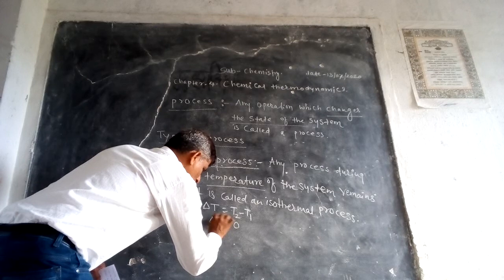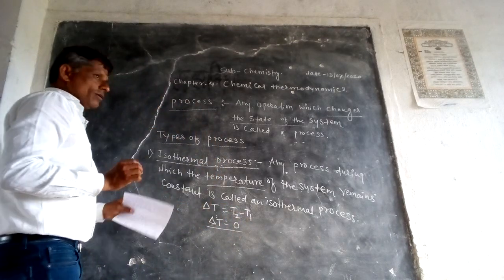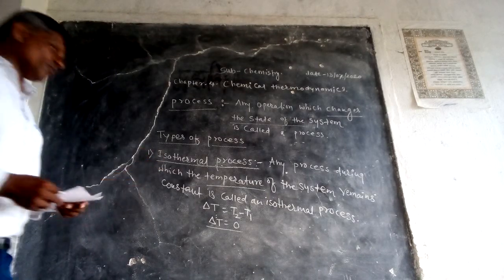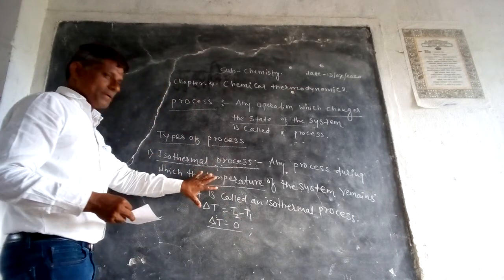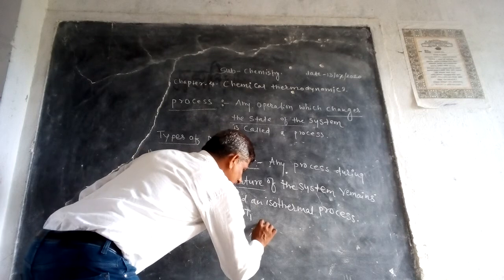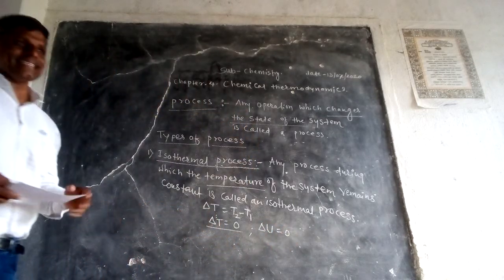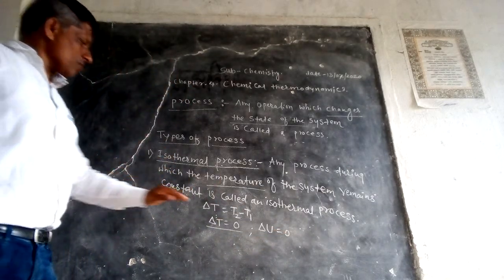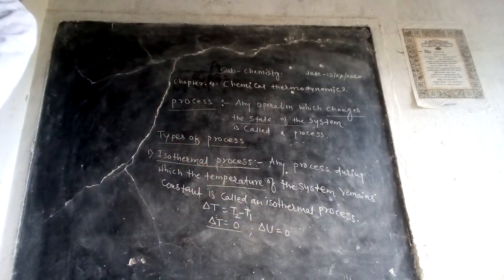So in isothermal process, delta T remains 0, and another property of the system, the internal energy, also depends on the temperature. Here the temperature is not going to change, that means of course internal energy will also not change. That is delta U, the change in internal energy, will also be equal to 0, because the temperature is not going to change.